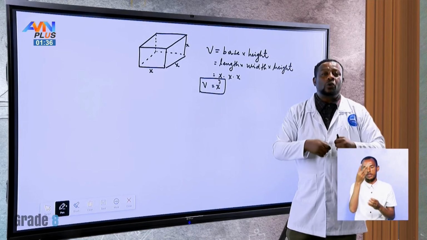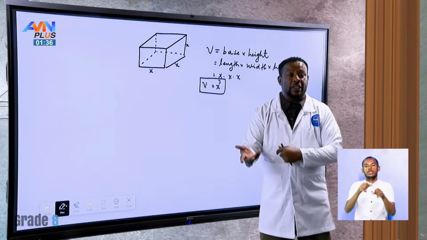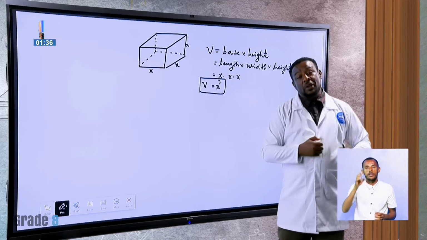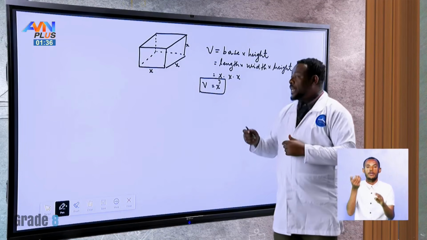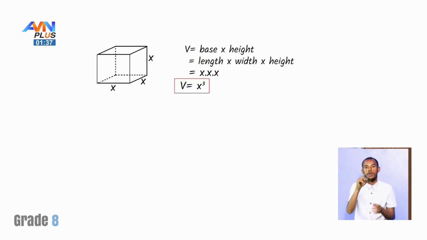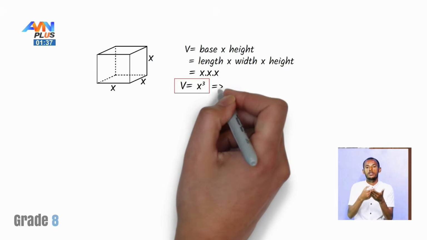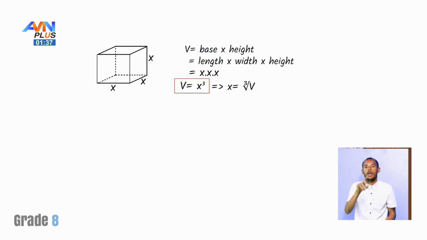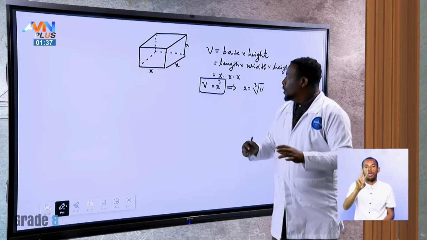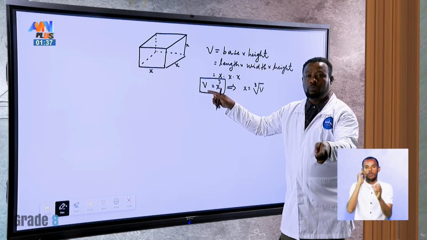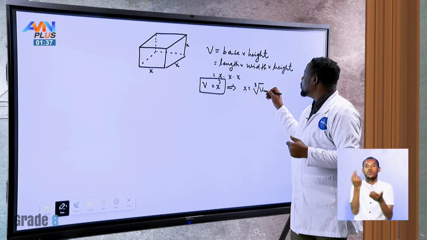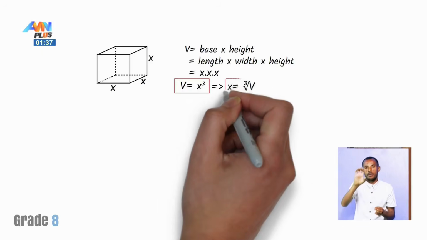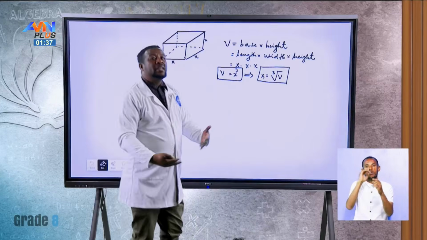We have seen how the cube of a number is calculated, and how the cube root of a number is calculated. Based on that concept, you can take the cube root of both sides of this equation, then x becomes the cube root of V. So use this formula to calculate the volume, and use this formula to calculate the side of the cube. We will apply these 2 formulas to solve problems related to cubes.